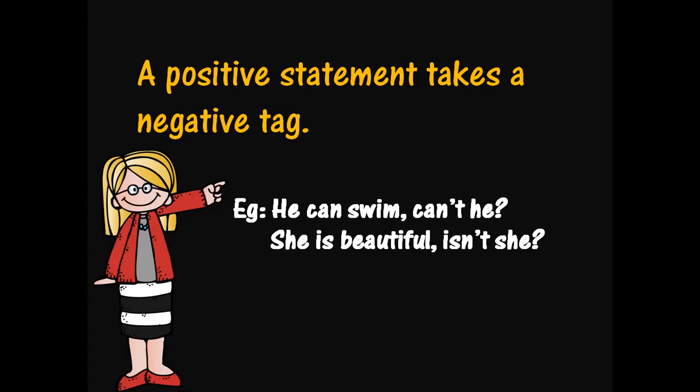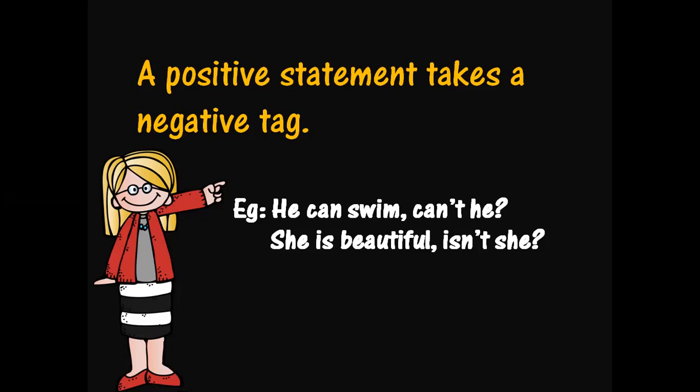In this, he can swim is a positive statement, so we are using a negative tag, can't he? Whatever helping verb we use in the statement, we use the same helping verb in the tag, and the same pronoun which you have used in the statement, we use in the tag. She is beautiful, so here we are using isn't she.